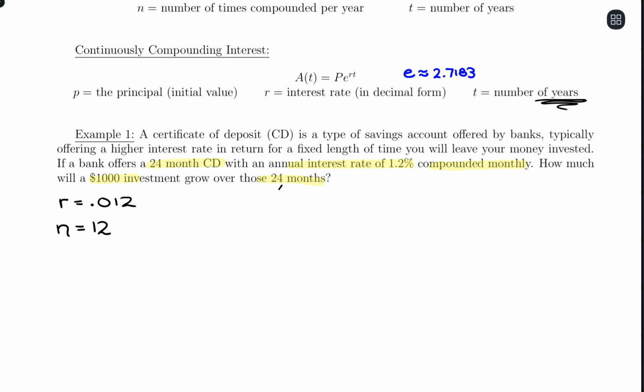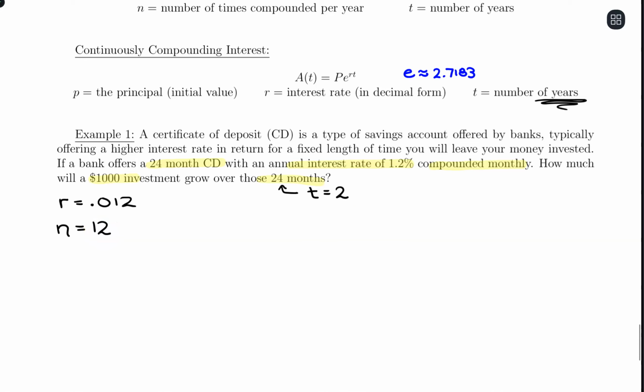So instead of plugging in t equals 24, I want to use t equals 2 to represent the fact that 2 years is the equivalent of 24 months. You can see n is describing the number of times it compounds within a unit of time, 12 times per year. So when we work with t, that should be in years.